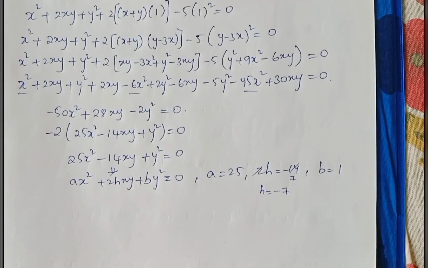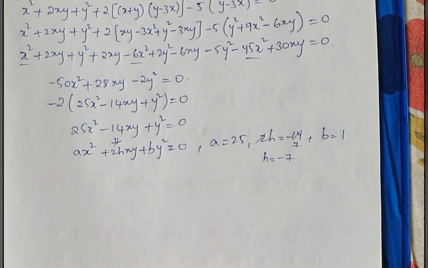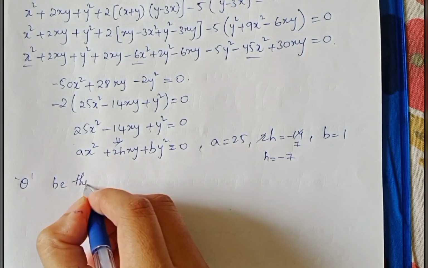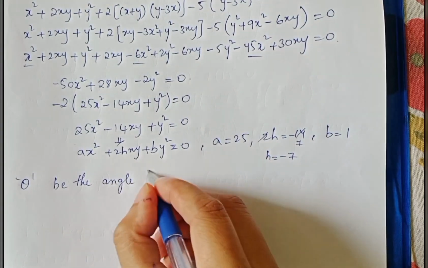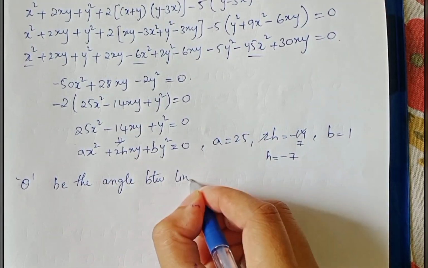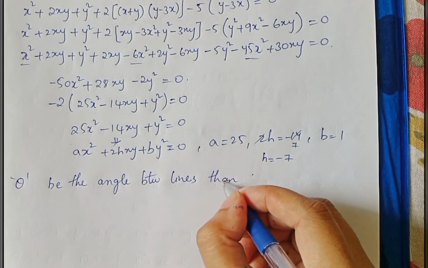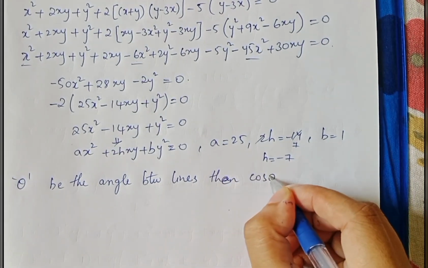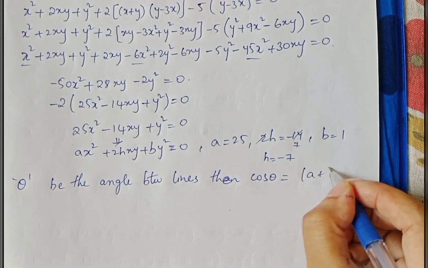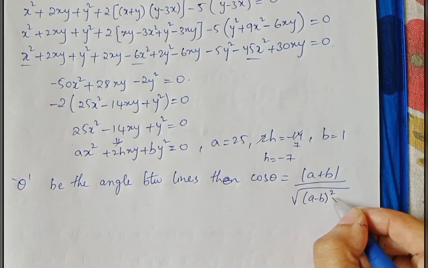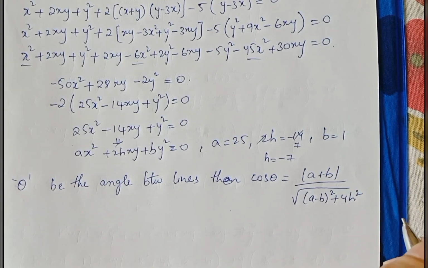In the question it is mentioned to find the angle between the lines. So if theta is the angle between the lines, then cos theta is equal to mod a plus b by root of a minus b whole square plus 4h square.